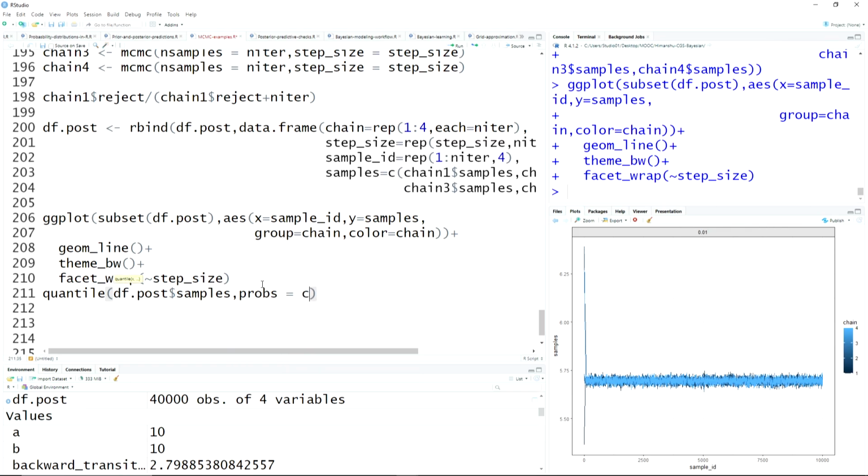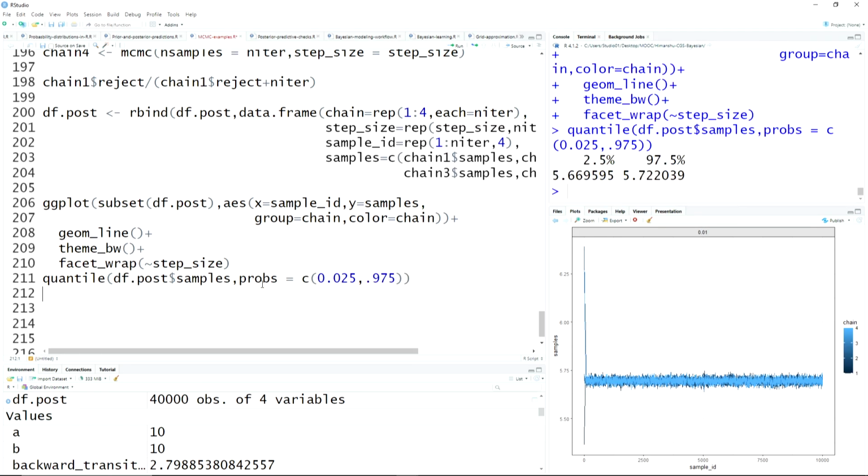So I'm going to calculate the 95% credible interval, which comes out to be 5.67 to 5.72, okay, which is good. I think the actual true parameter value that we took to do this was 5.7 or so. So this is really good.